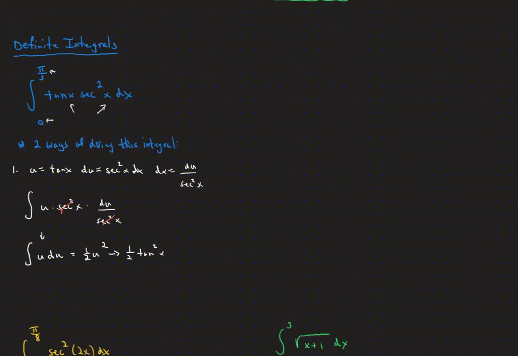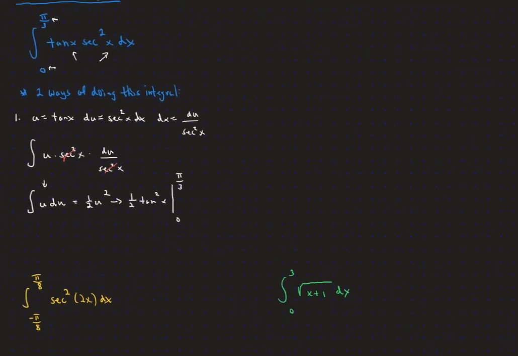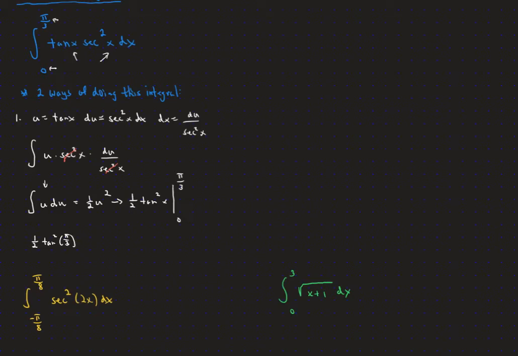Now that we're back to x's, we can bring back our x limits because these are going to be correct if we have x's. So I'm going to scroll up because I'm going to do the other way on the other side. So this is going to be 1/2, and we're going to get tangent squared of pi over 3 minus 1/2 times tangent squared of 0.